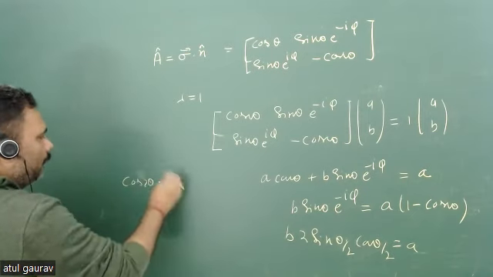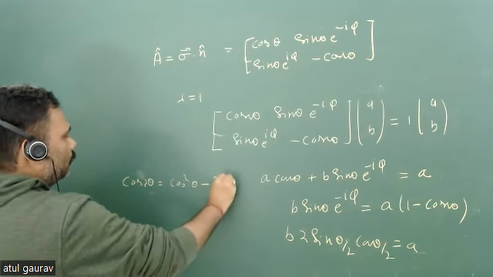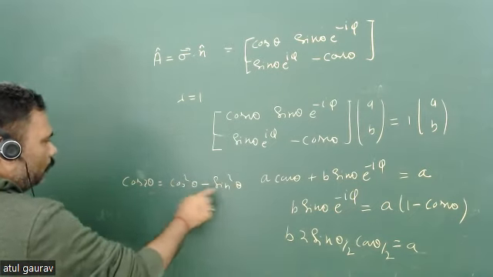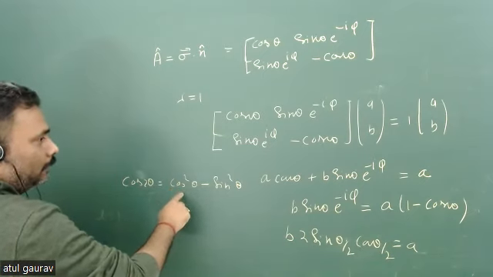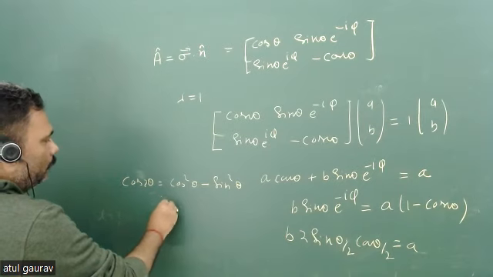Sorry, cos 2 theta is cos square theta minus sin square theta. So we need to keep cos theta.